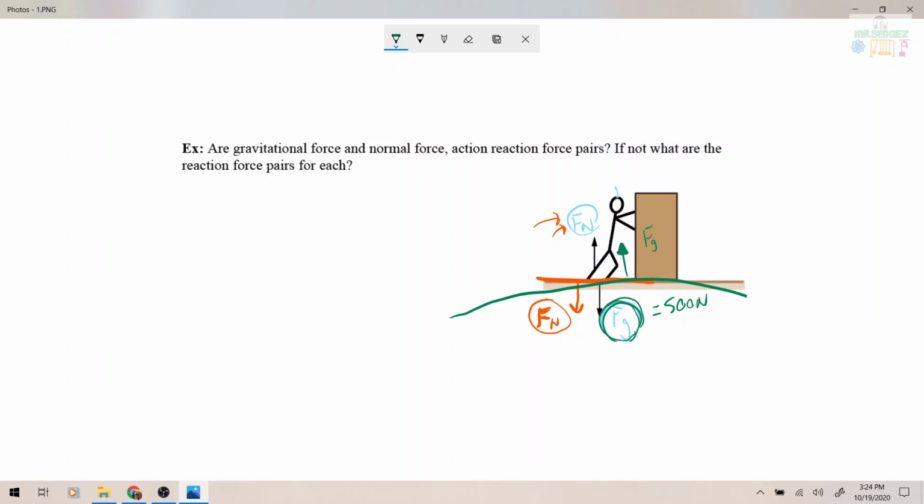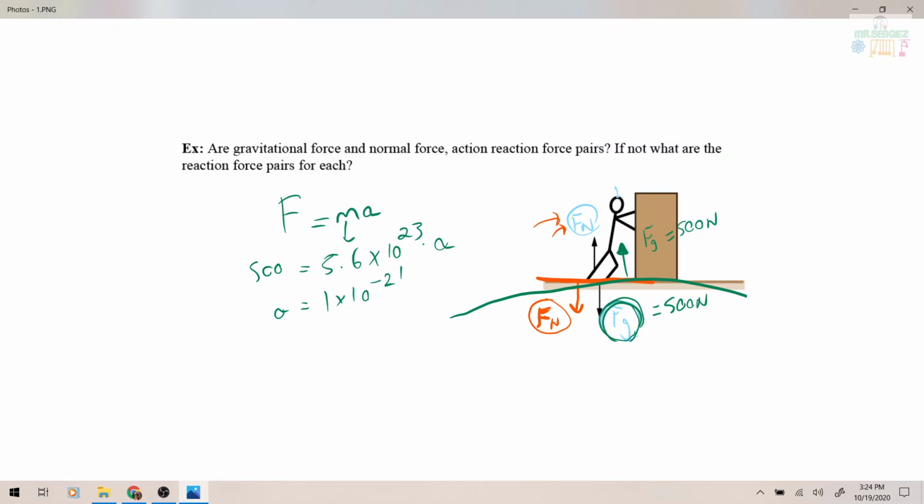But if you apply 500 newtons of force on the Earth, knowing that the mass of the Earth is huge, around 5 to 6 times 10 to the power of 23, what will be the acceleration of the Earth? It's going to be something like 10 to the power of negative 21, which is not recognizable on Earth.